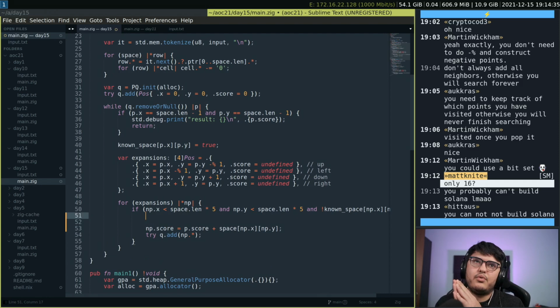I need to know how many tiles I am to the side, how many tiles I am to the right, and how many tiles I am going down. And I need to use that information to manipulate the value inside of space, the score inside of space. Oh my god, my brain is melting.